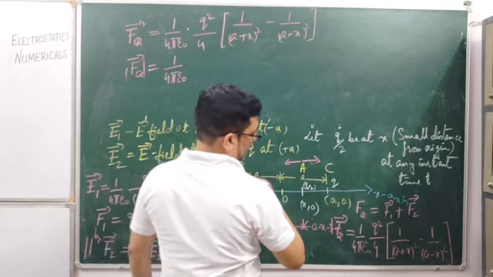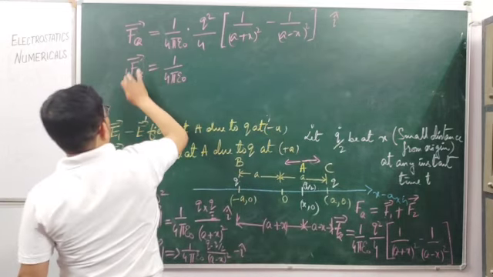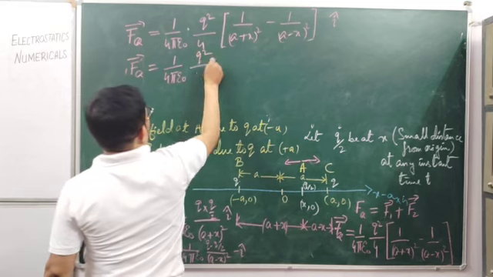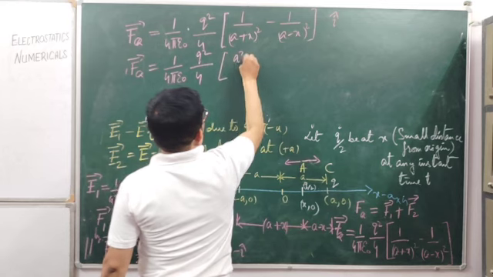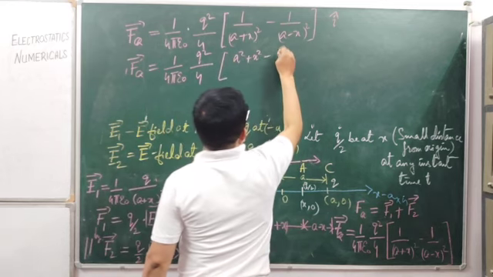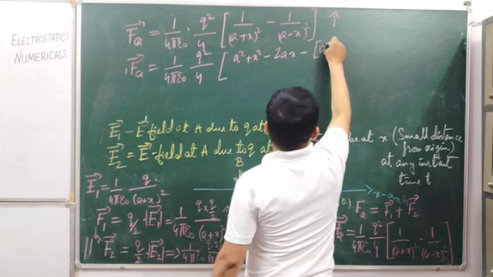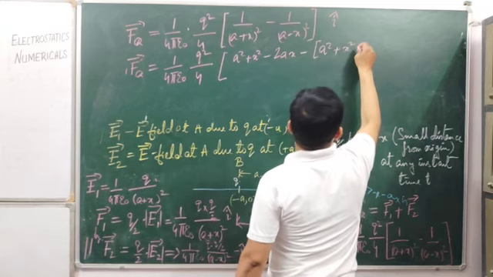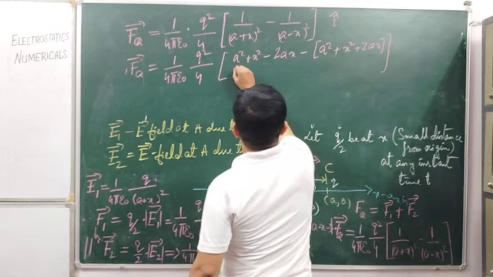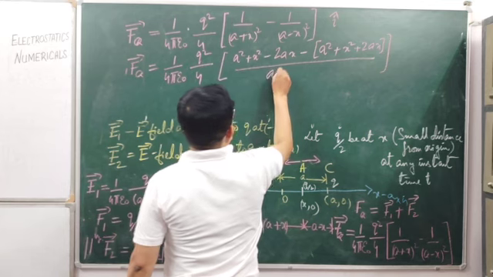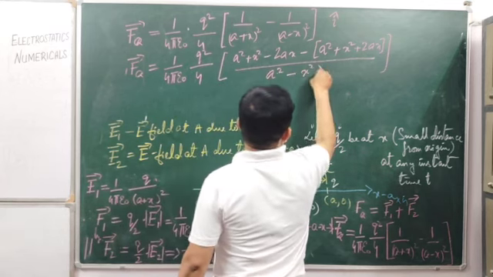Okay, and we can write it here, i cap, if you want to denote the vectors. So let this be in vectors. So Q squared by 4, and here we are left with a squared plus x squared minus 2ax, minus, we are again expanding this, it's a squared plus x squared plus 2ax, and in the denominator it comes out to be a squared minus x squared whole square, right?